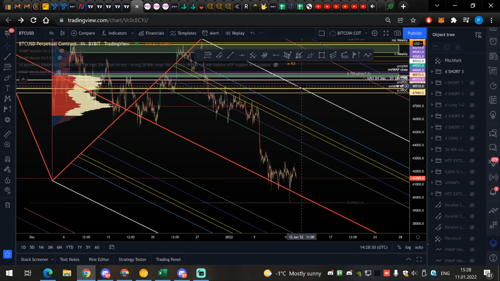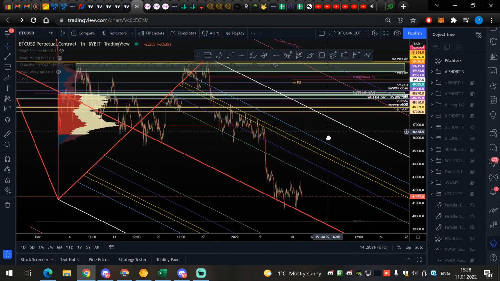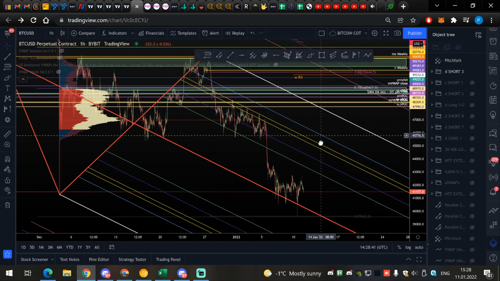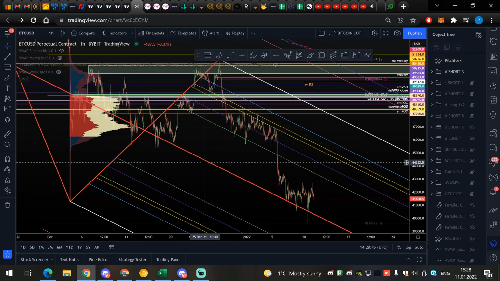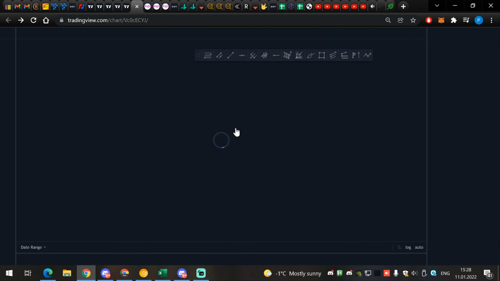You see, top of the pitchfork here. So you can do it like this. If you need it only for this short, up here you will hide most of the lines. Slowing down again.